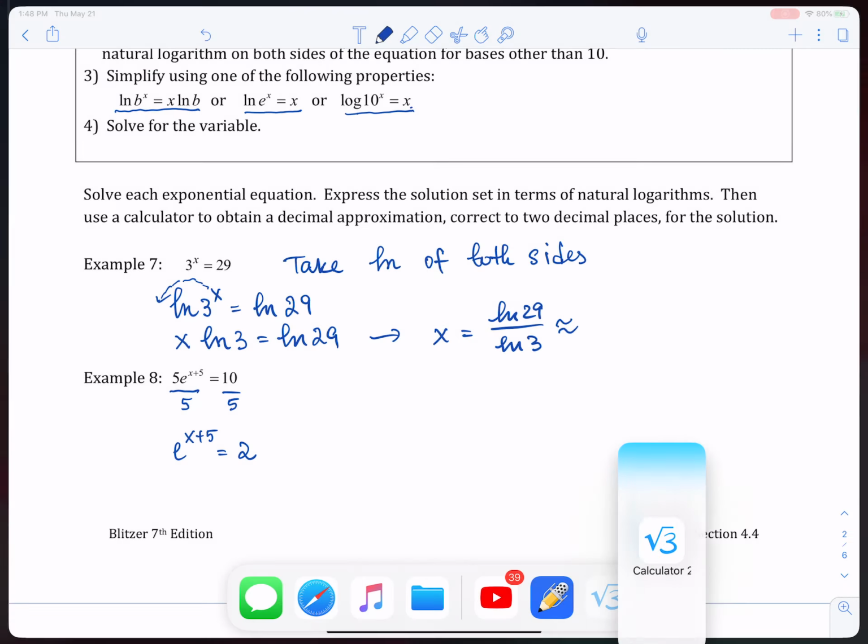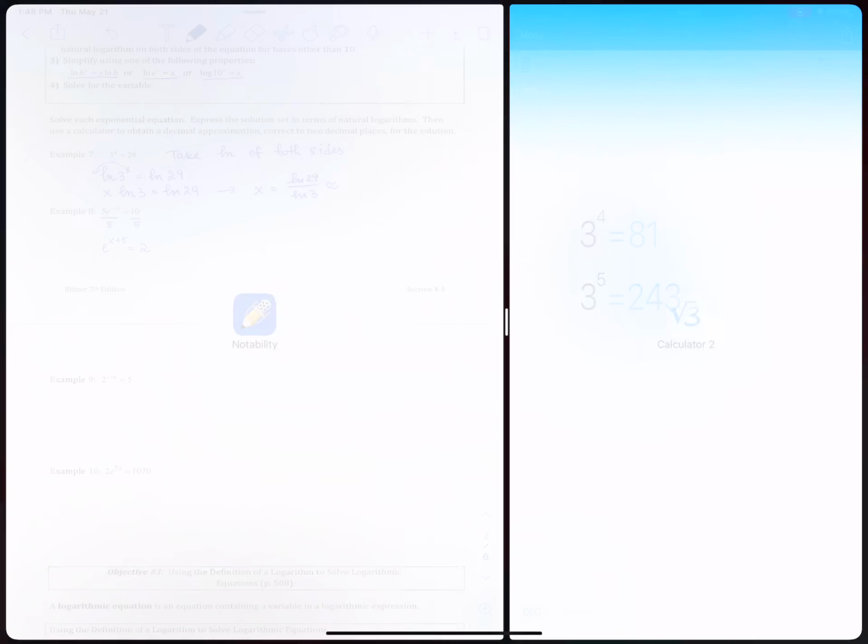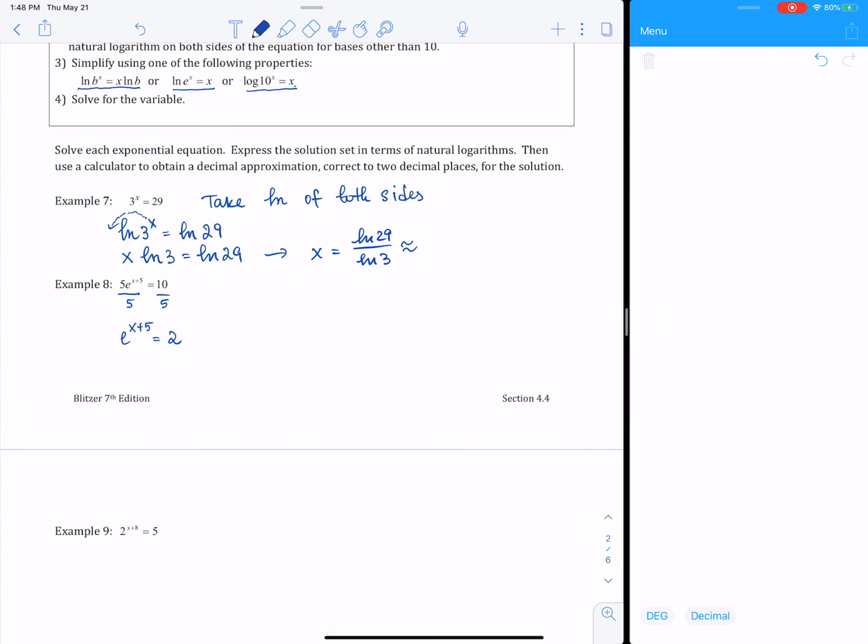Let me bring my calculator, I'm going to need it for these few questions. So ln of 29 divided by ln of 3, and this is 3.065.